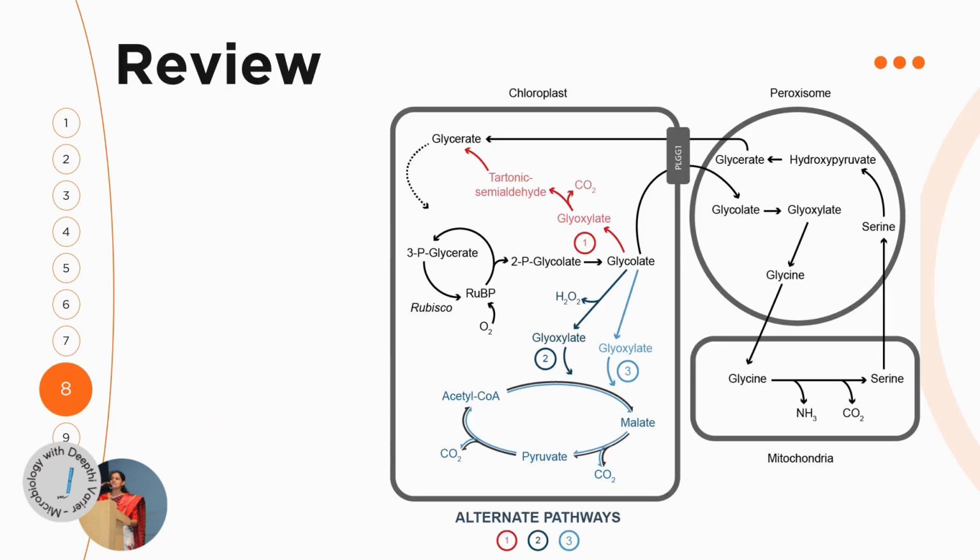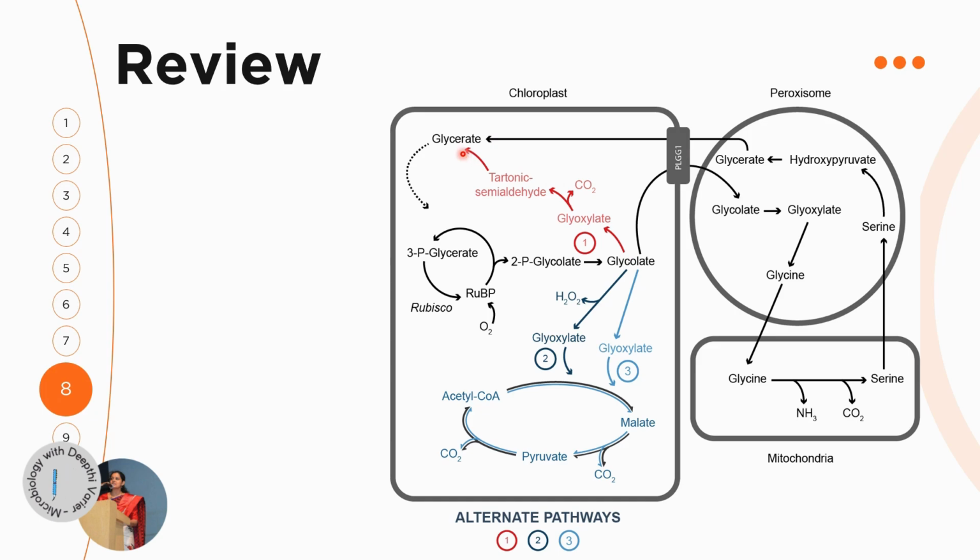So if you can see here, all the 3 pathways have been shown to you. We have the glycerate pathway as seen over here. We have glycolate, which gives us glyoxylate. Glyoxylate can be taken in for amino acid synthesis, that's glycine synthesis, which then later gives us serine and so on. Or you can have glycerate being formed: glycolate giving us glyoxylate and then finally glycerate.